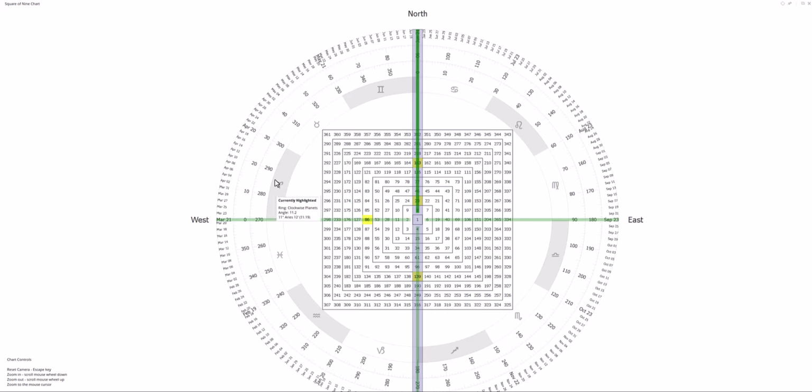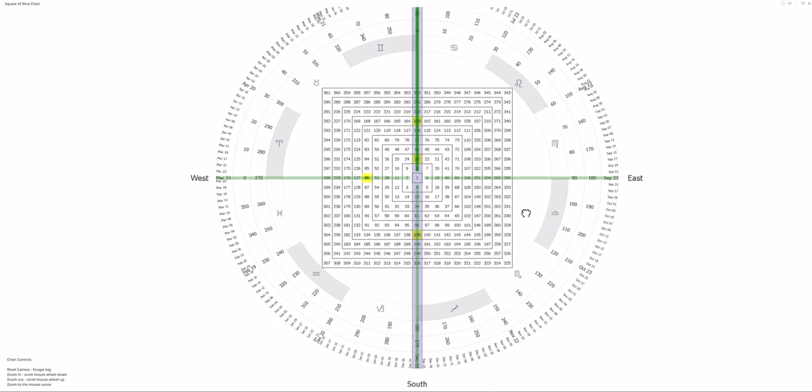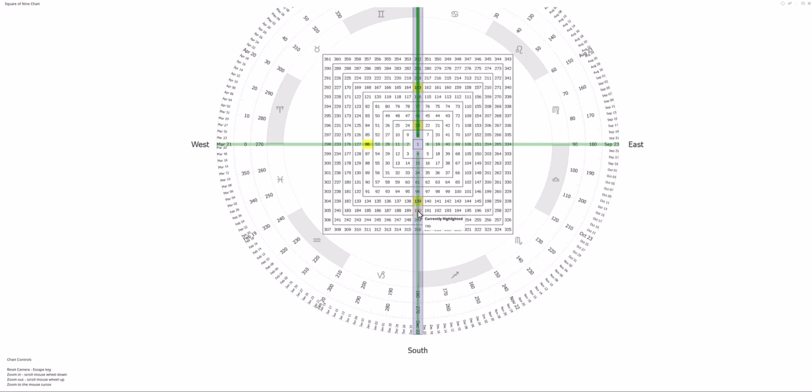I don't know if you can see that very well. And 180 degrees would be over here at September 23rd. And then if you go 270 degrees, that would be over here, December 21st, 22nd. That's the winter solstice, which lines up with these numbers.